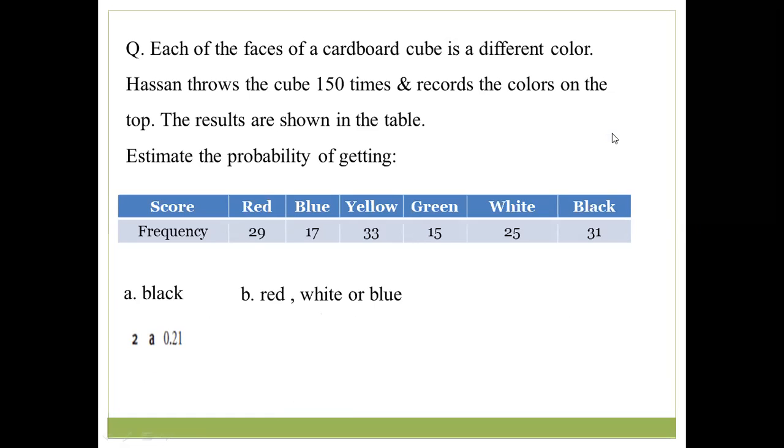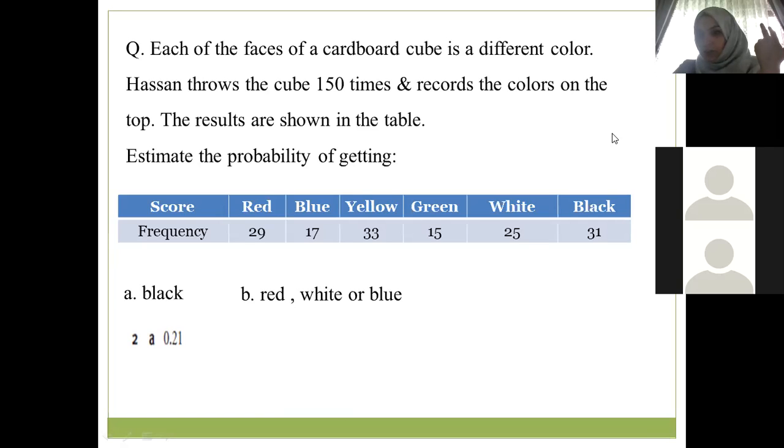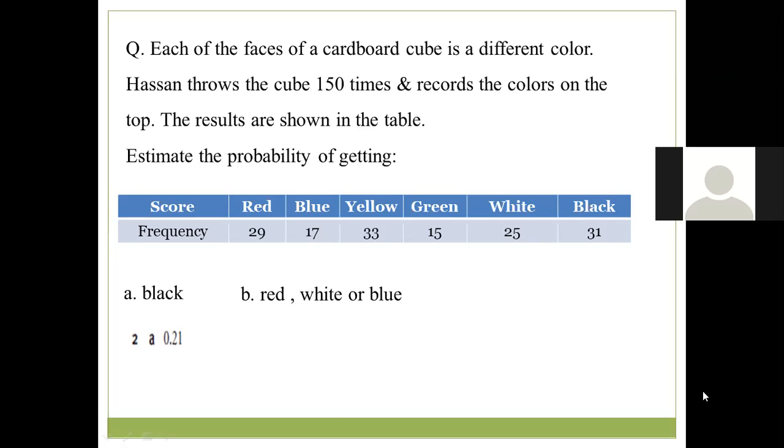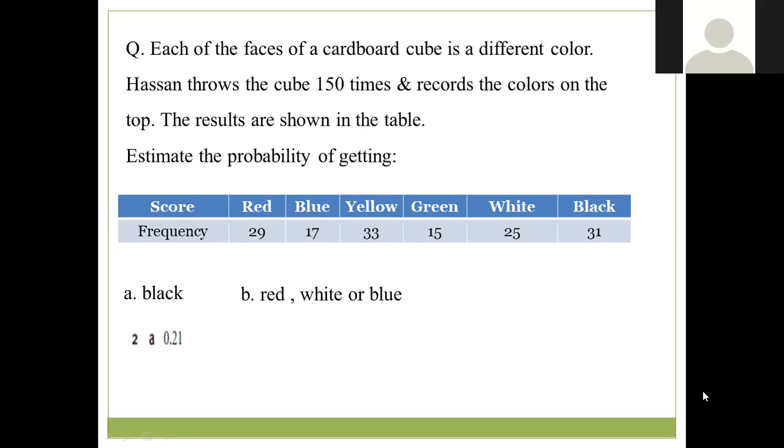Who wants to help with the second? If I want to get red, white, and blue. Sarah, go ahead. So 29 plus 17 plus the 25, red, white, and blue, and it equals 61.